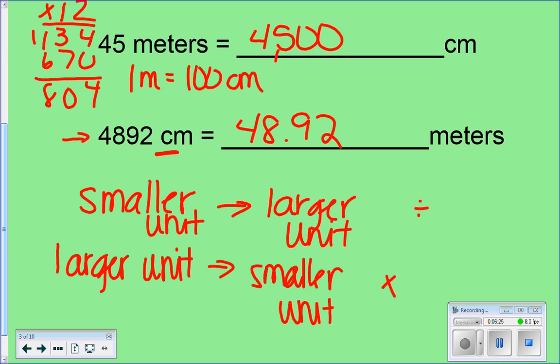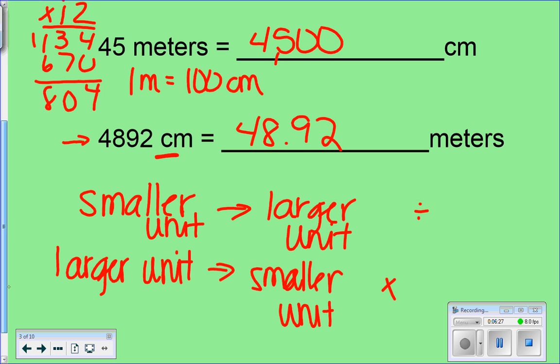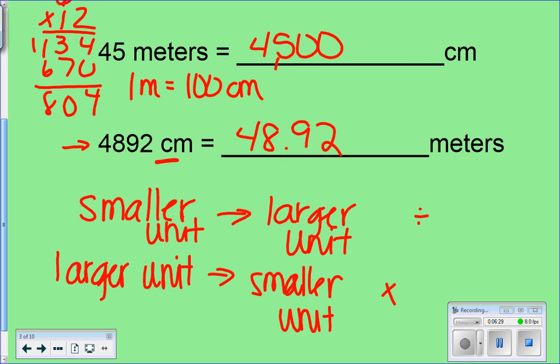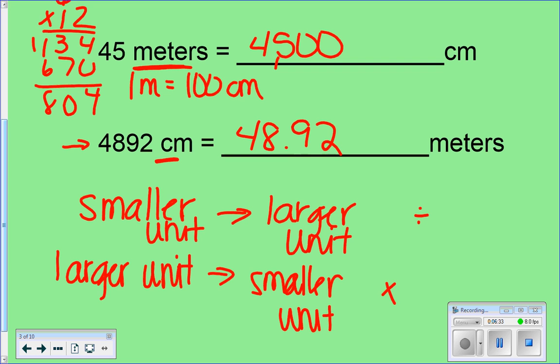I'm going to multiply. For example, this one up here. I'm going from meters, think how big a meter is, to a centimeter, itty bitty, larger to smaller, I had to multiply. Now remember, these only work for one-step stuff. Does that make sense so far?